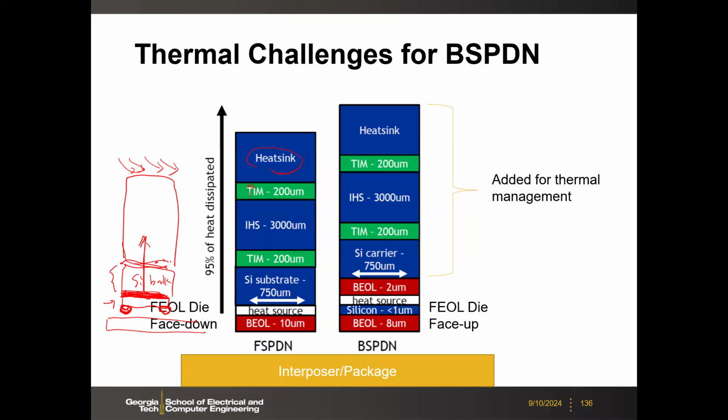But now, if you have the backside power delivery, then the situation will change. Here now the die is facing up. Why is that? Because your power always comes from the package, right? This is your power. So then you have to make the die facing up. First of all, the die is thinned down, right? Now you only have a few micrometer thick silicon.